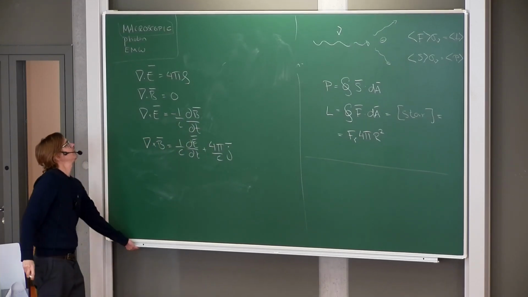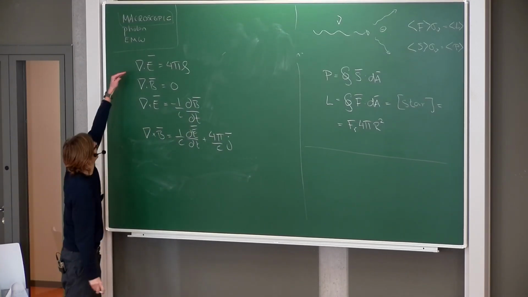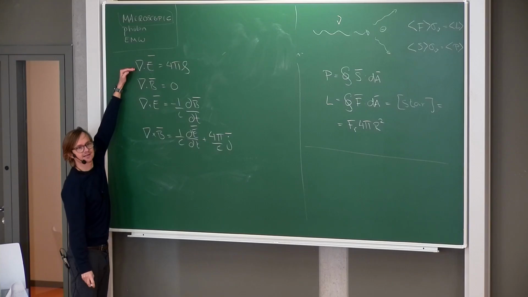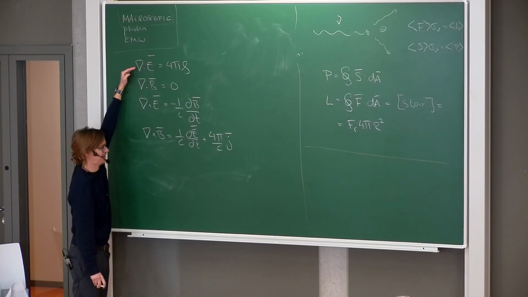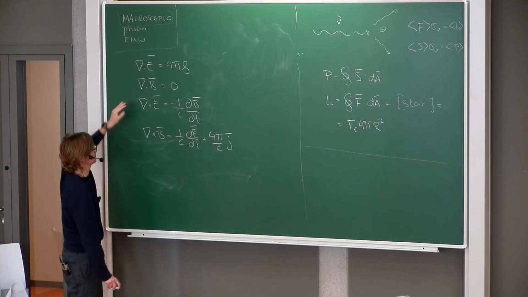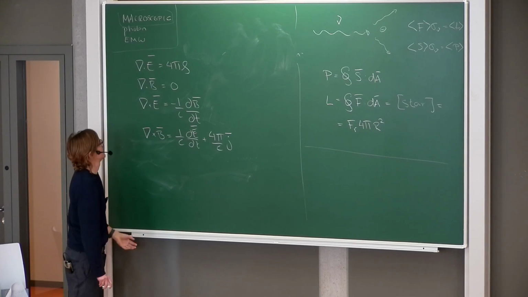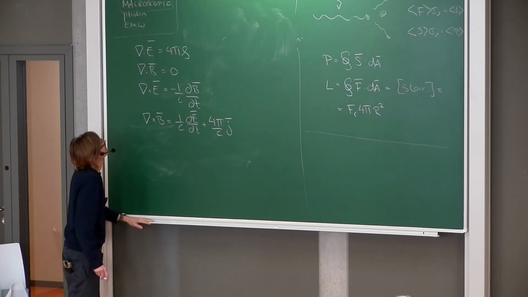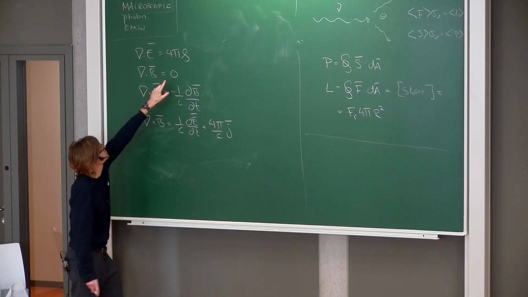So, what do we have here? Well, this describes the electric field and the magnetic field. These are Maxwell's four equations, where this, of course, is his unifying equation. Now, a few notes.